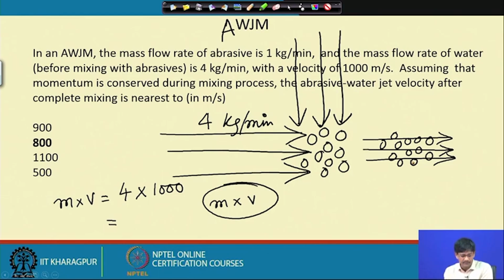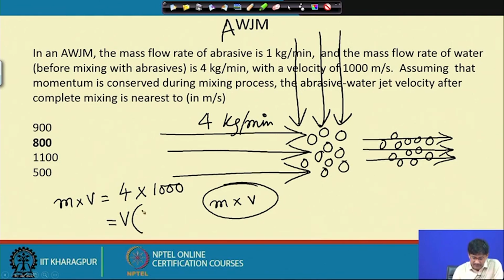So, we can only apply the momentum conservation relation and say that ultimately if the velocity is v, its mass that is being carried in this stream has become higher because abrasives have been added.